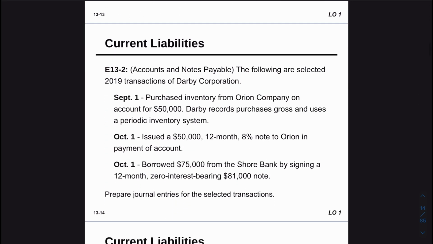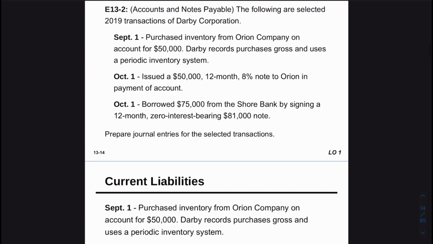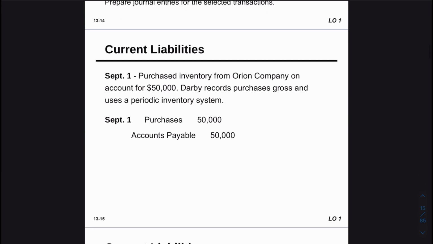And here we have an example, let's say for accounts and notes payable. So on September 1, we've purchased inventory from Orient Company on account for 15,000. Derby records purchases gross and uses the periodic inventory system. So remember, in the inventory system, we have two ways, the periodic and the perpetual system.